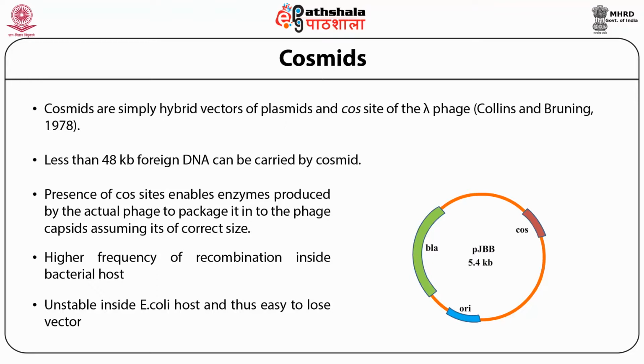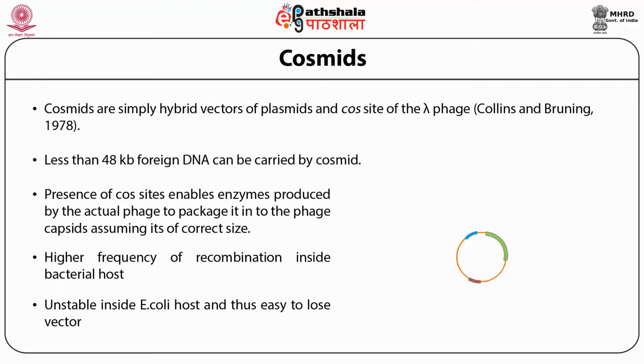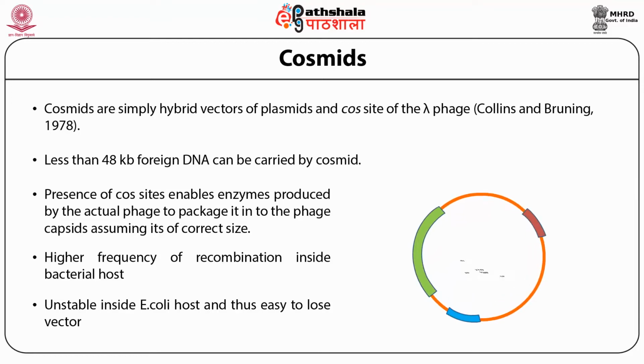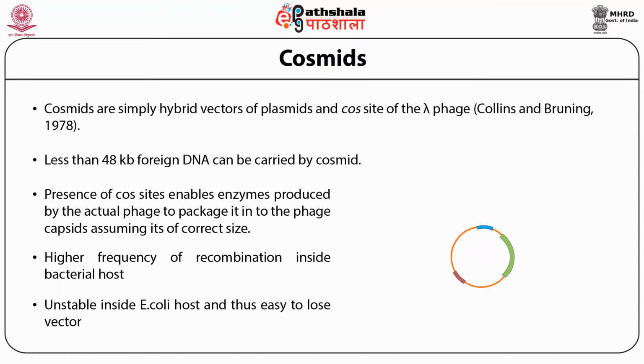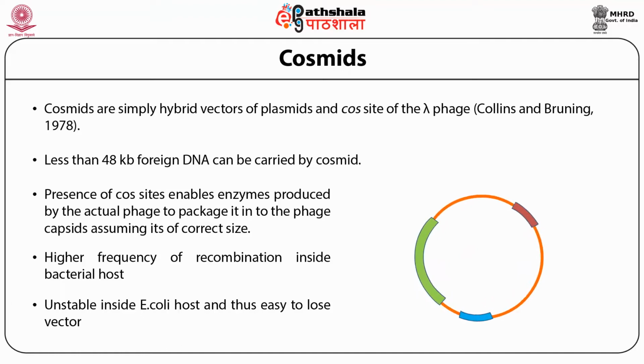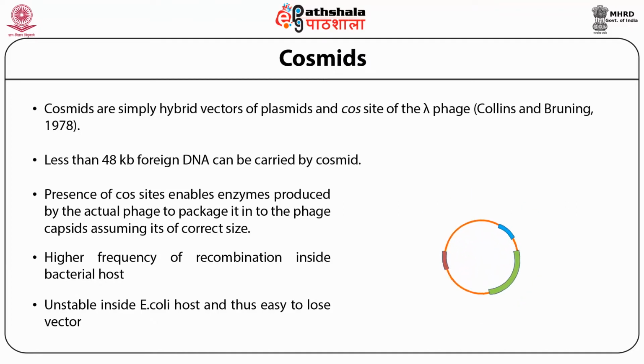In addition, they have an antibiotic resistance gene like the tetracycline resistance gene and allow the selection of transformed host cells. The cloning strategy follows a similar mechanism as discussed before for bacteriophage lambda-based vectors. The example of a cosmid vector is pJB8.